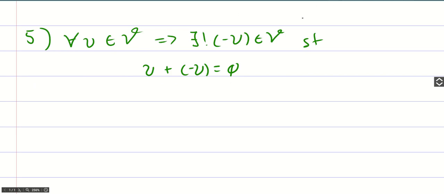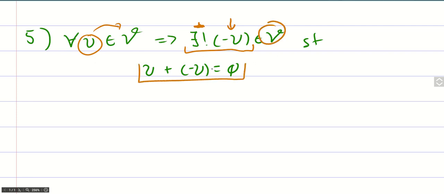Now let's see if the fifth axiom, which is related to the inverse of a vector, holds. That means for every vector u in V, there is a unique (this symbol means unique) vector minus u that also lives in V, such that u plus that minus u vector equals the zero vector of V. In this case, we're going to define minus u as (minus u1, minus u2), just putting a minus in front of each of the components of the vector.